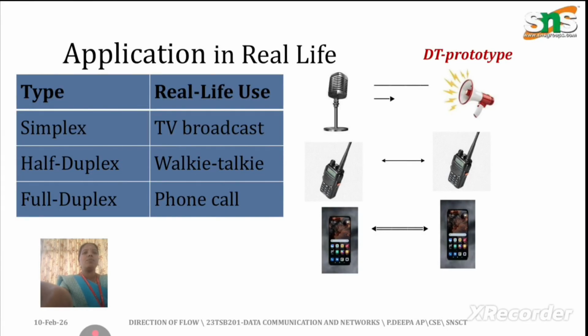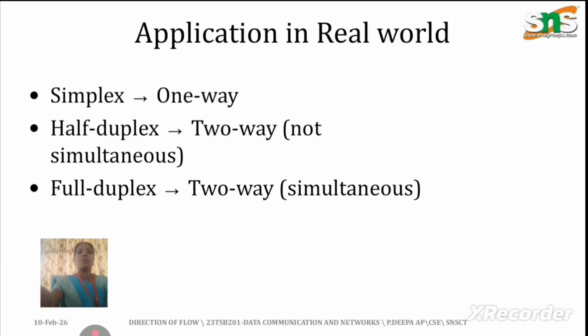These are the types we see in real life examples of systems. Now let us summarize. Data communication is not just sending information, but also how that communication flows.